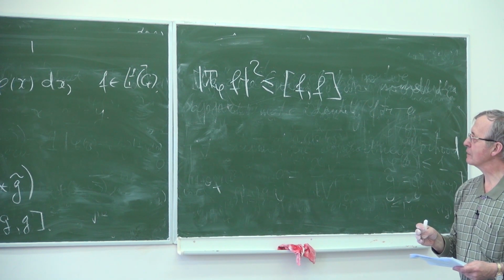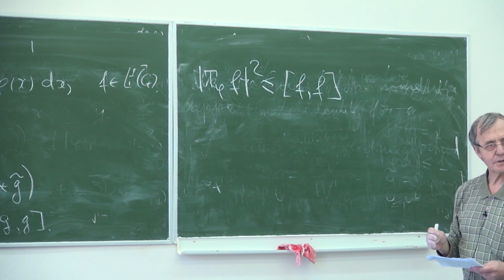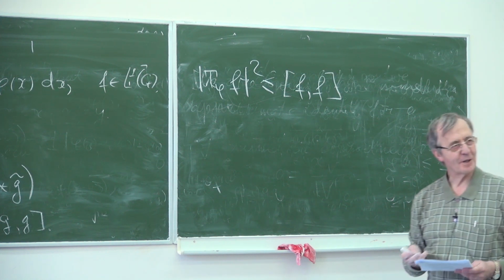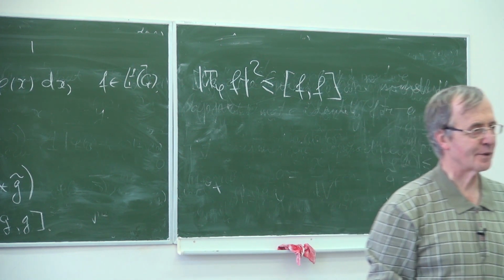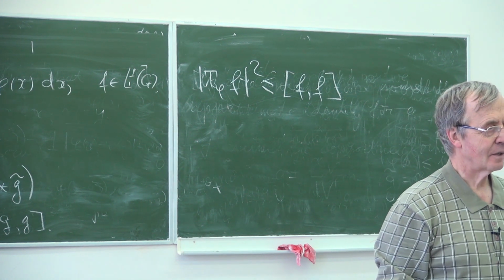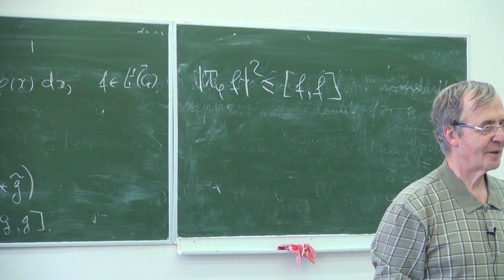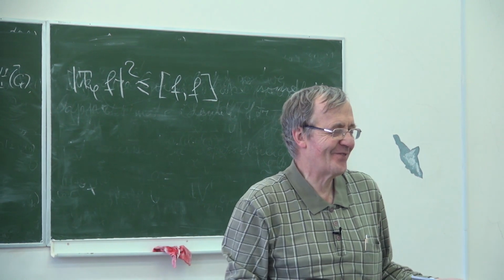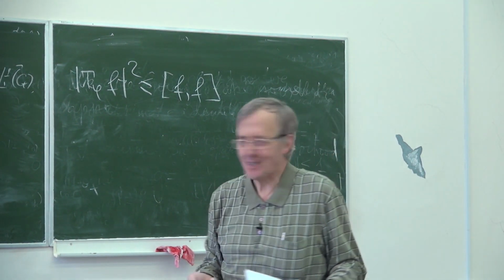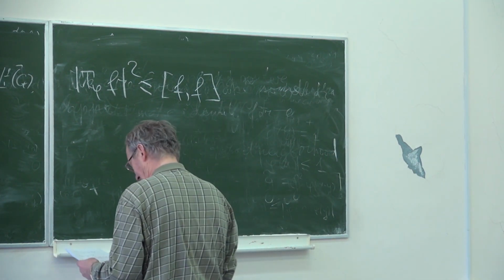Well, but that is the same, this number T phi of f, this is a number. Complex, yes, but it's just a number. Complex, really complex. Okay.